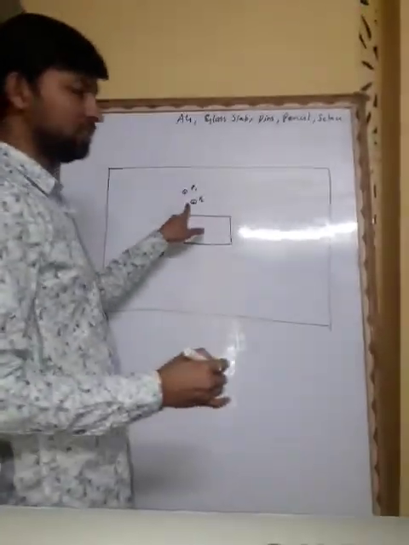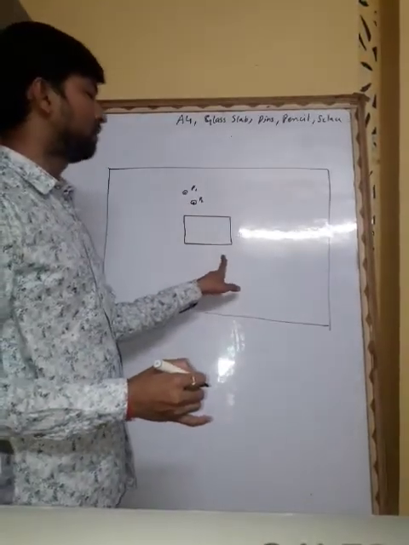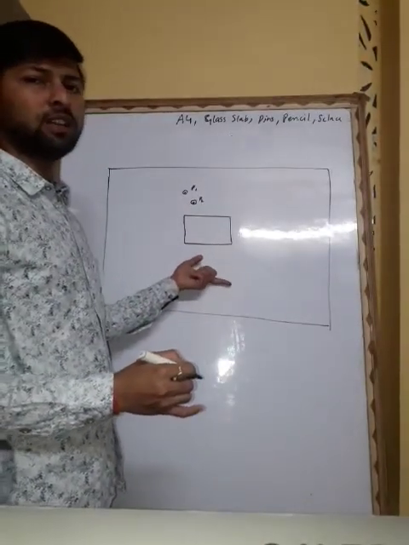Now arrange two pins in a straight line from the other side of the glass slab.